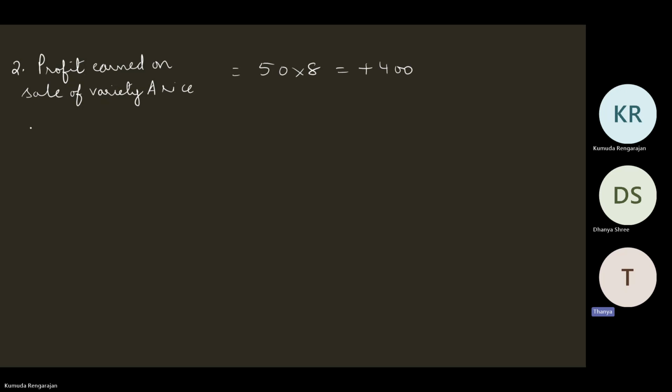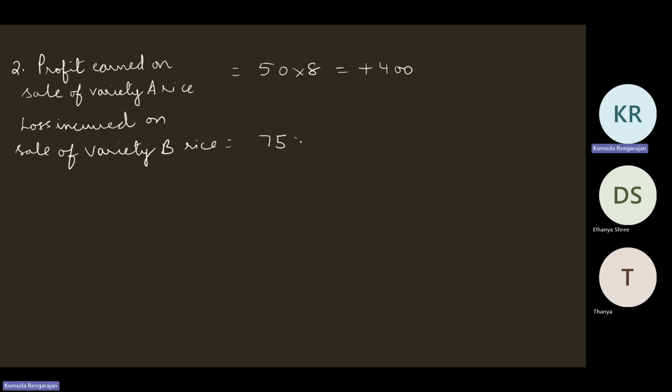And for loss, variety B, loss income: 75 into minus 3 is equal to minus 225.